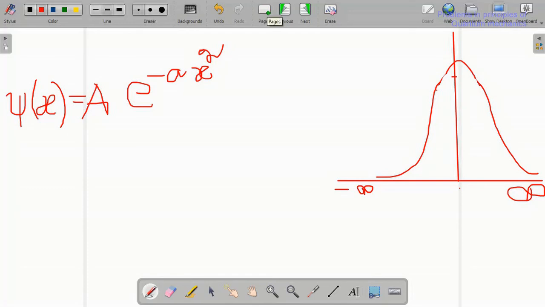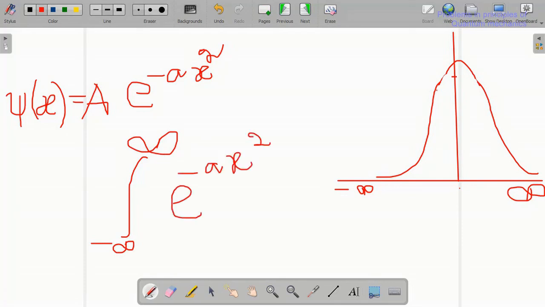By using the same probability condition, the integral from minus infinity to plus infinity of the Gaussian wave function squared, with a square, dx is equal to 1. This is the total probability in the entire space.